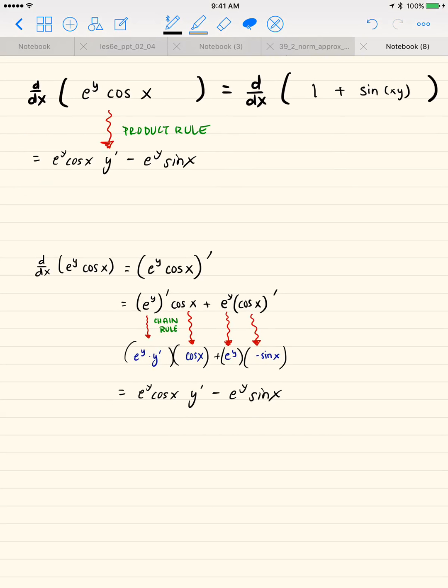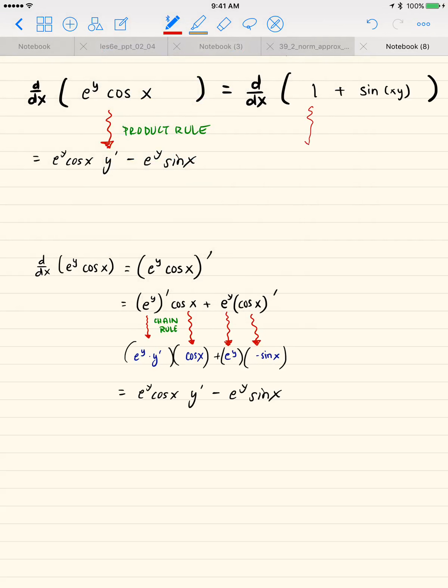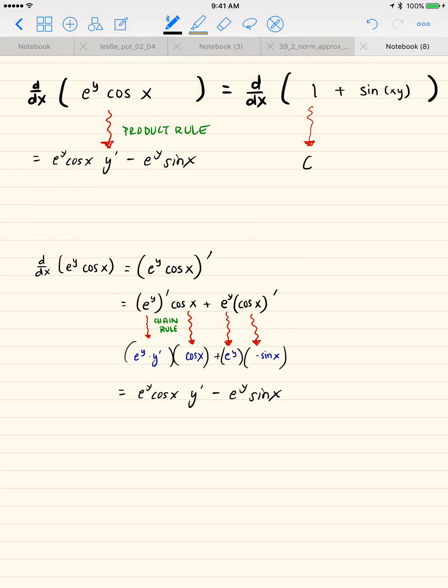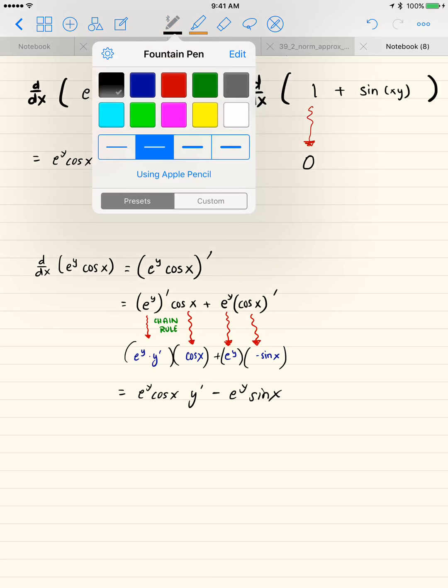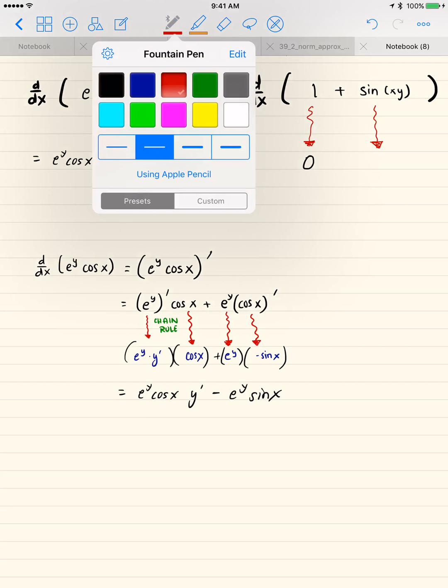Now let's find the derivative for the right-hand side. Okay, so for the right-hand side, the derivative of 1 is just going to be 0. And to find the derivative of sine xy, we're going to need, you guessed it, chain rule.